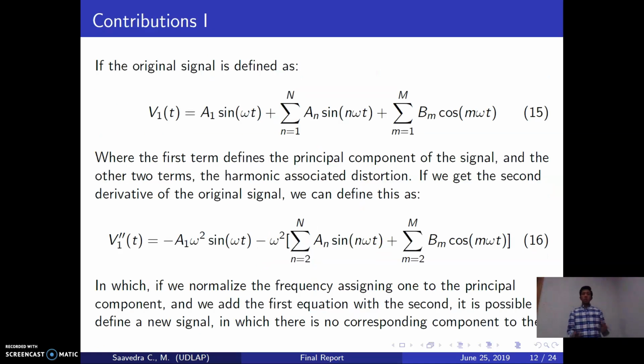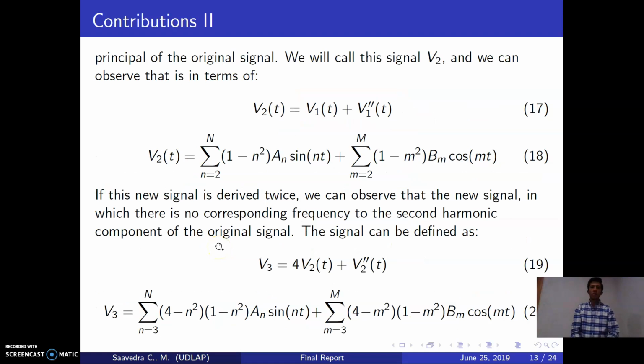Well, why are we talking about Fourier coefficients? We can define an original signal like this. This represents the principal component, and these both represent the harmonic distortion. So if we use this main idea of the linearity of the amplitude, we can obtain the second derivative.